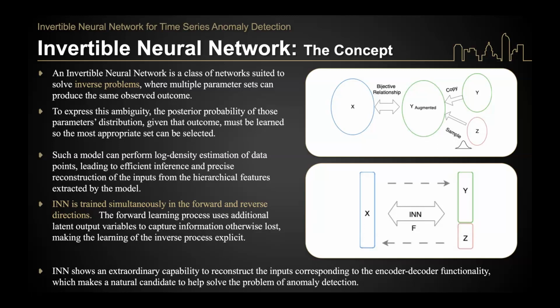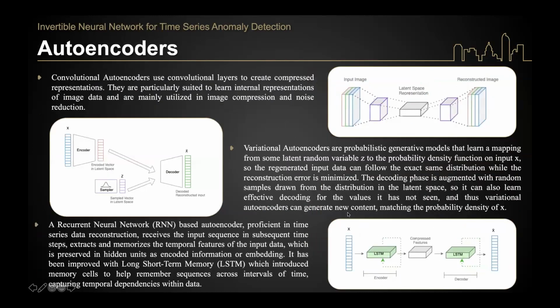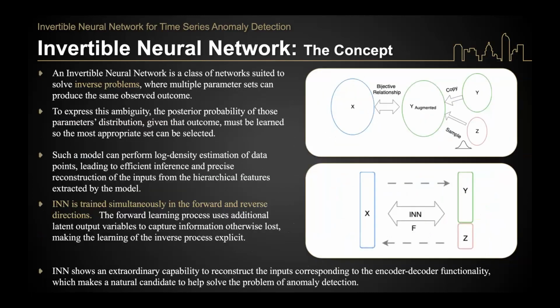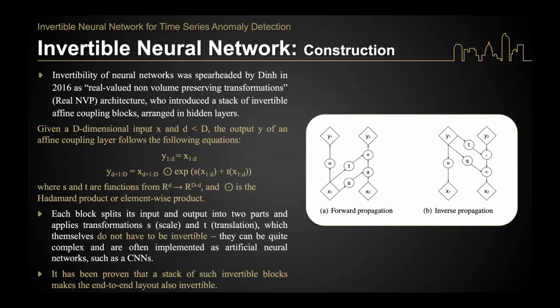So that's pretty interesting, because that, again, can factor into explainability of this entire solution. And because of that, the INN has, I call it, an extraordinary capability to reconstruct the input data from that latent space. So that's why it's an interesting candidate for anomaly detection as well. And that's a very brief look under the hood into this invertible neural network.